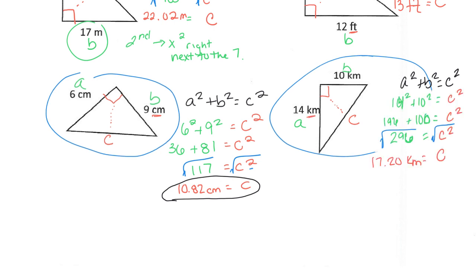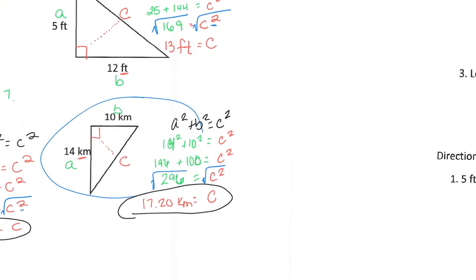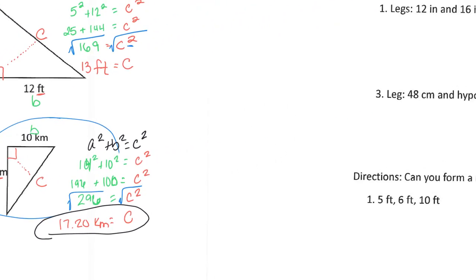All right, so hopefully on this last one, you got 17.2 or 17.20 kilometers. All right, so we're just going to keep on checking, and hopefully this isn't too much for you, because we have a little bit harder stuff to get through. So let's go to the next page.